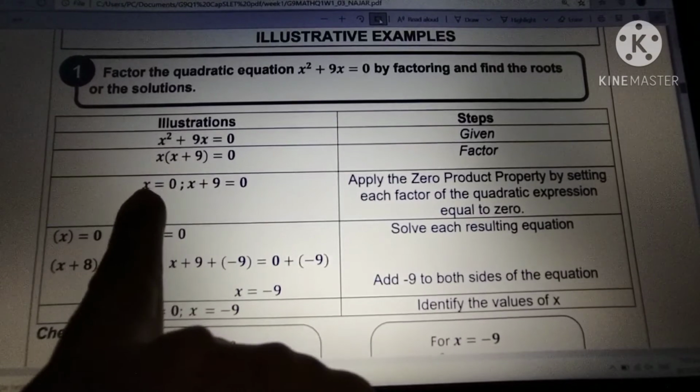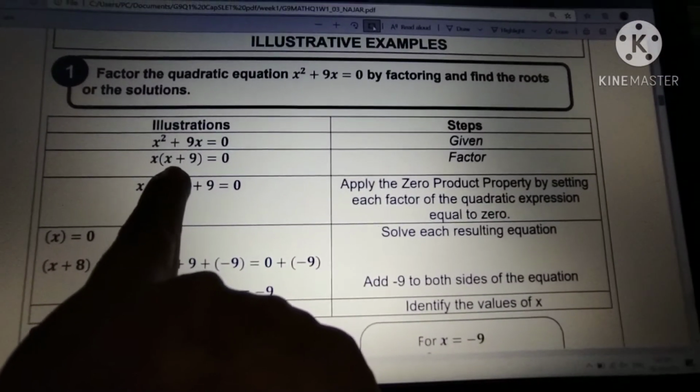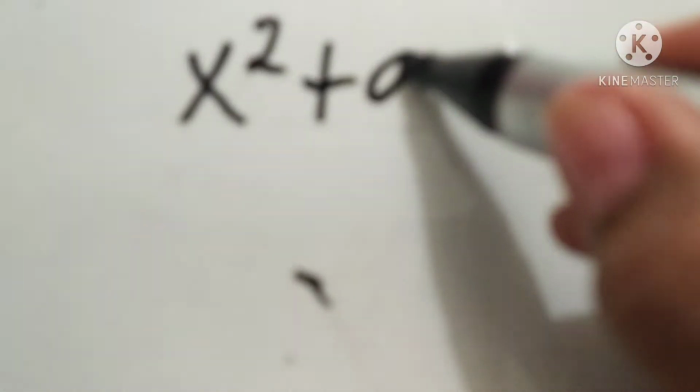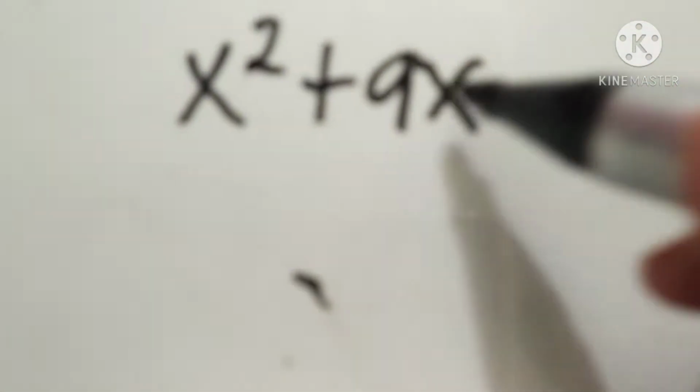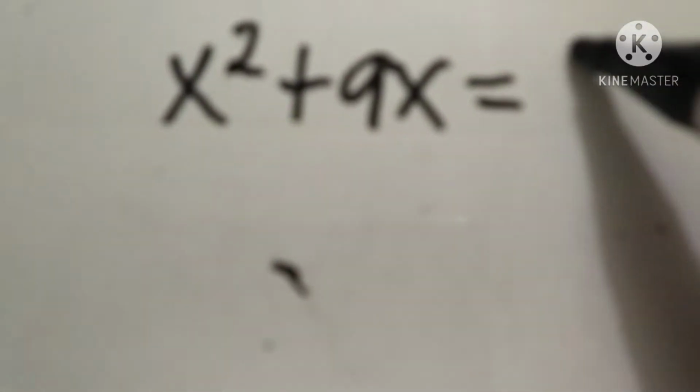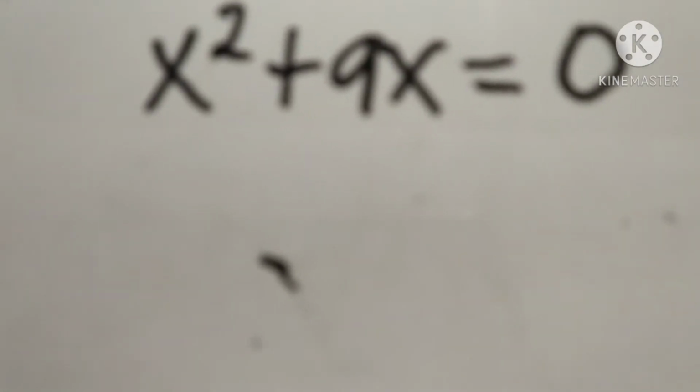Let me show you how we get the factors. In the first illustrative example, the given is x squared plus 9x equals 0.